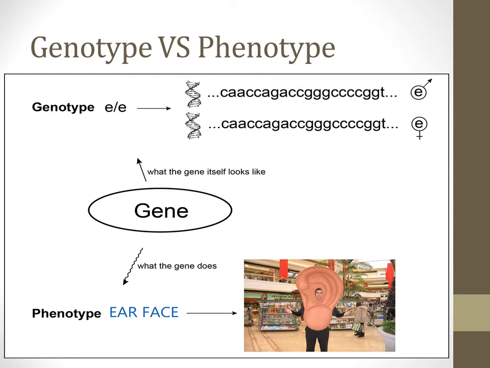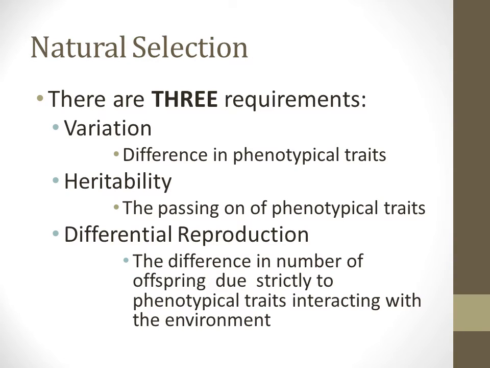In this example, EE would be the genotype. And then the genotype is going to code for a phenotype. The phenotype is the actual trait expressed, and in this example, the trait expressed is going to be an ear face. So as long as you guys can get this graphic, we can go further into natural selection.